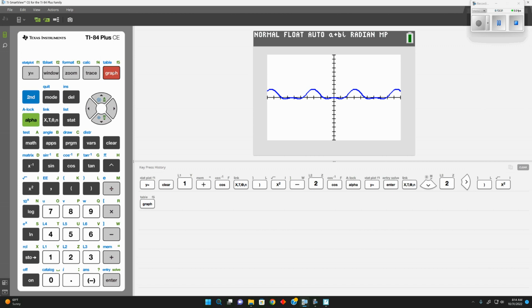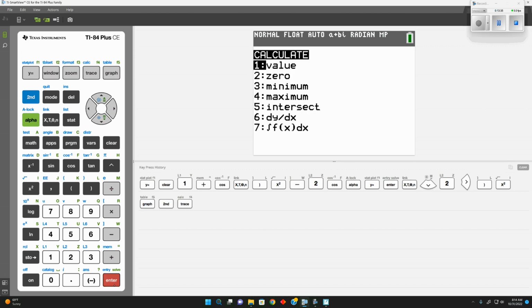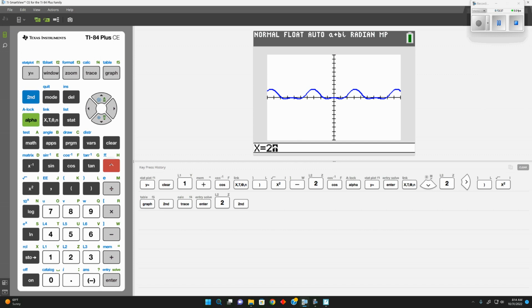So between 0 and 6.28, or we can say second calculate value 2 pi, we can see that 2 pi is a solution, 0 is a solution, and it does intersect at 2 other points. So we have all of our values. Questions on any of this here? Are you ready for the next one?